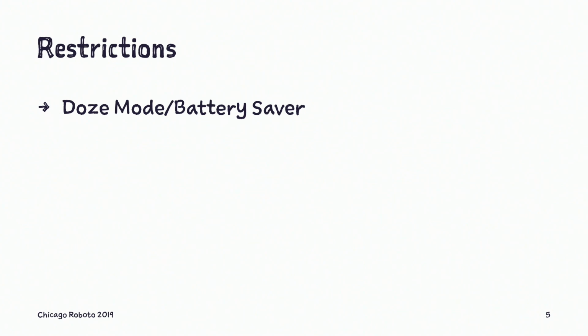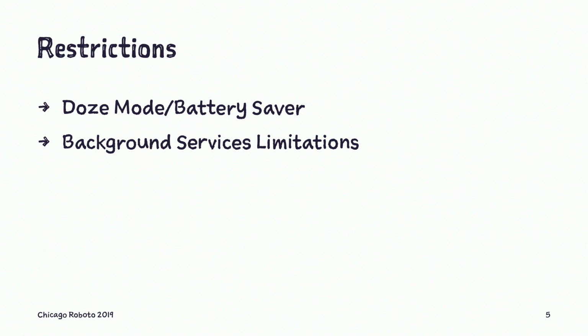there are a few restrictions that hamper this as well. Doze mode came into the picture, which started cutting down a few things on battery, and on when your app would have access to the radio. We then got background service limitations as well, like how long your background service can run, and based on the use case, Google started putting locks around it.